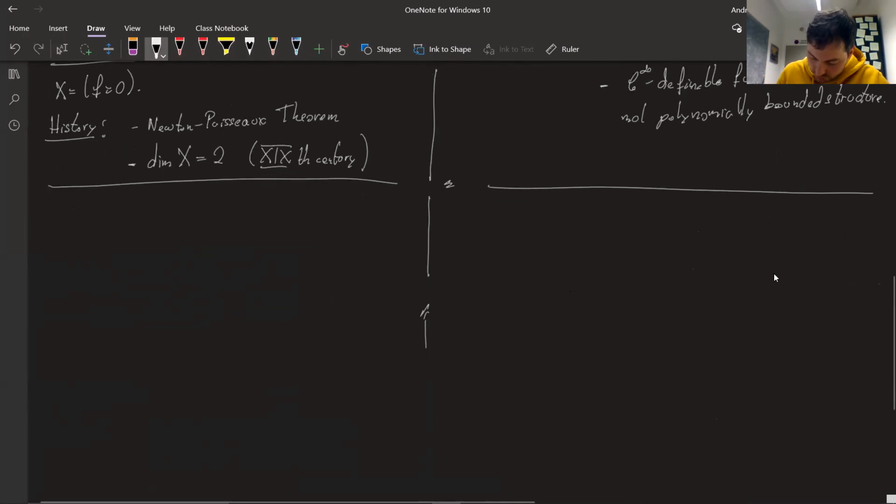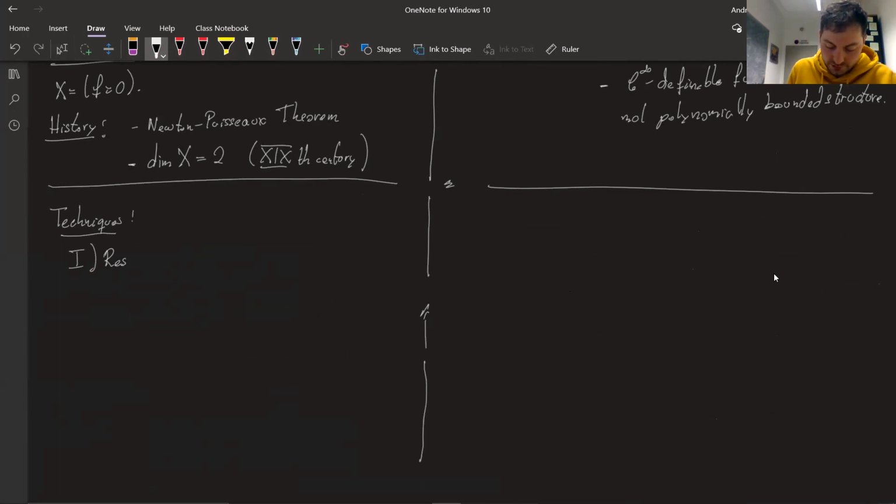Go a little bit down, that have been chosen. So we're going to talk in terms of technique. There's going to be basically three of them. The first one is going to be resolution of singularities of ideal sheaves.